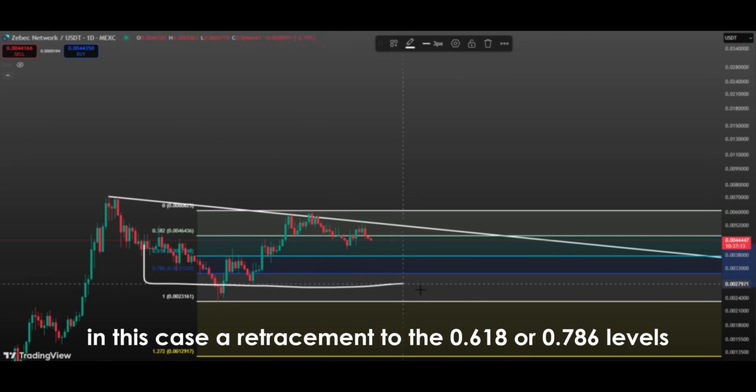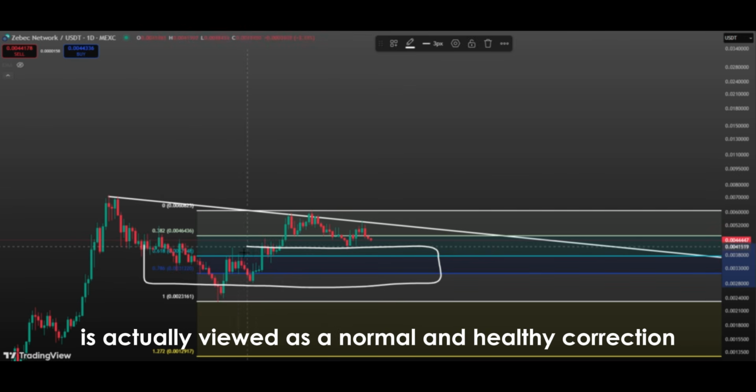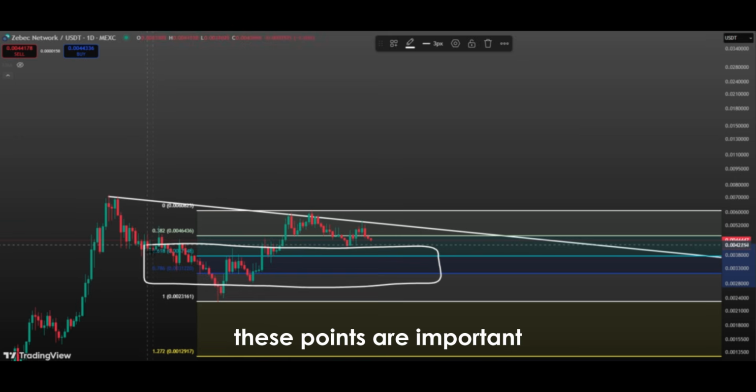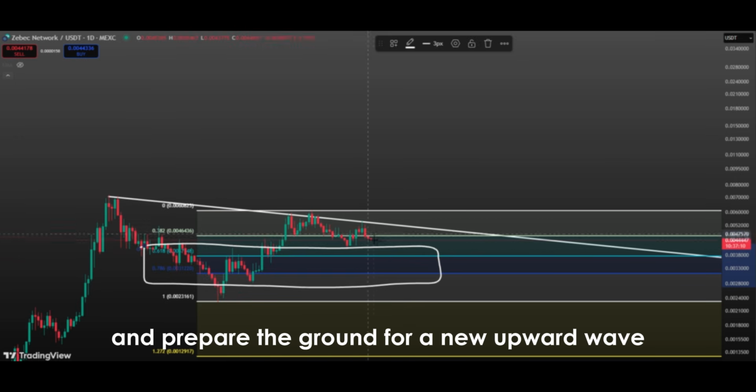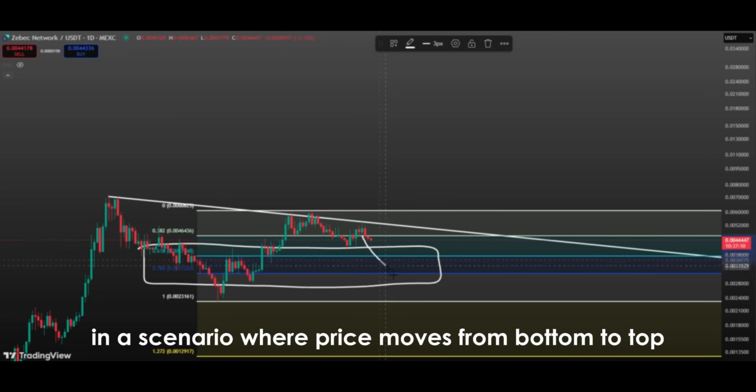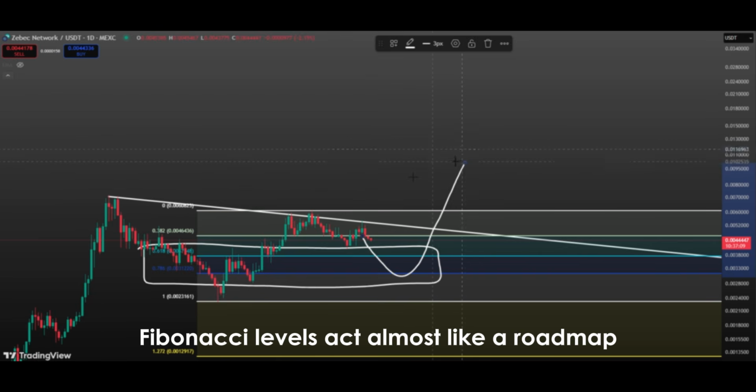In this case, a retracement to the 0.618 or 0.786 levels is actually viewed as a normal and healthy correction. These points are important because they allow the trend to maintain strength and prepare the ground for a new upward wave. In a scenario where price moves from bottom to top, Fibonacci levels act almost like a roadmap.